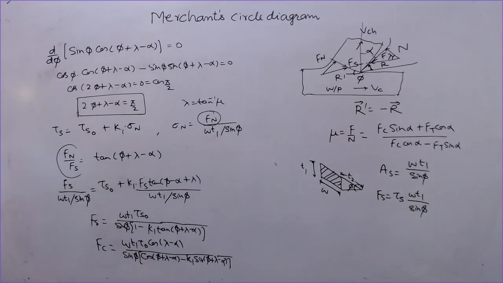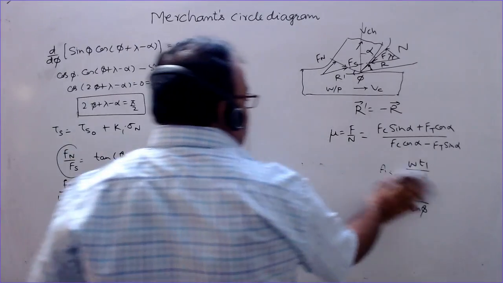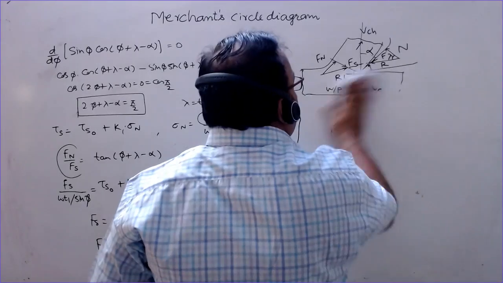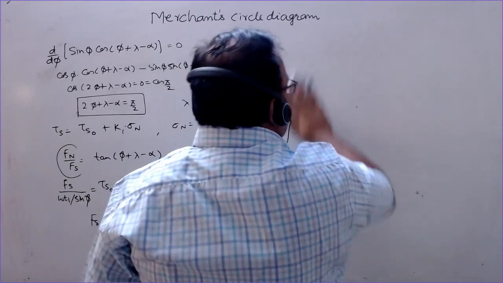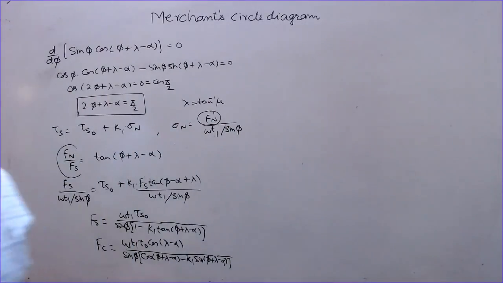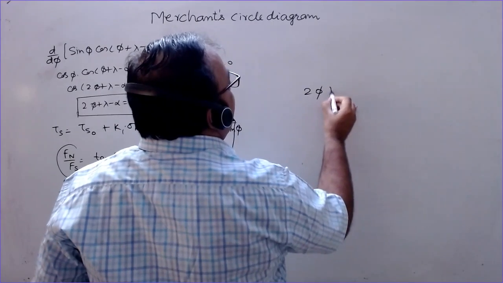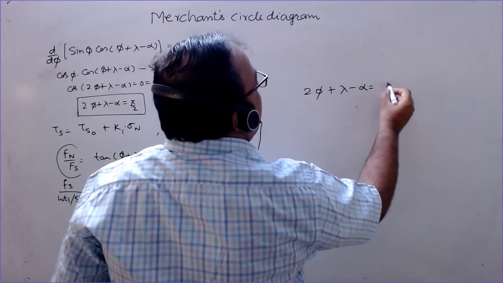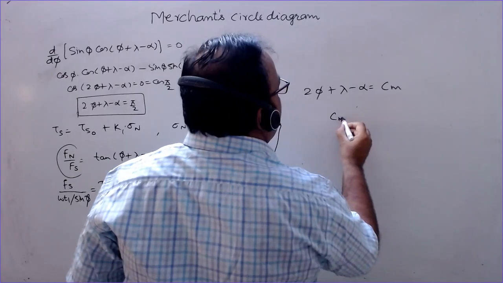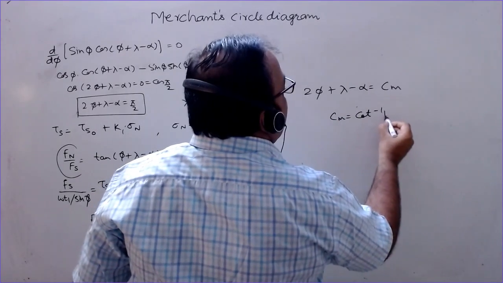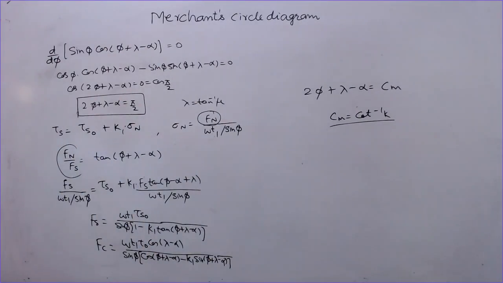And for minimizing the work expended during the cutting operation, the same procedure was repeated to maximize the denominator, and the result obtained was 2 phi plus lambda minus alpha equal to Cm, and Cm is cot inverse K, which is known as the machining constant.